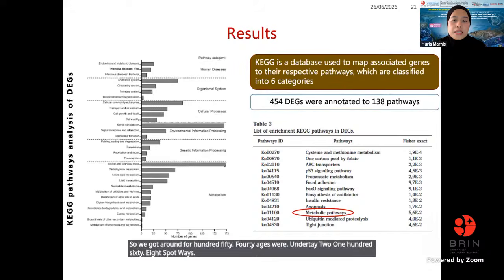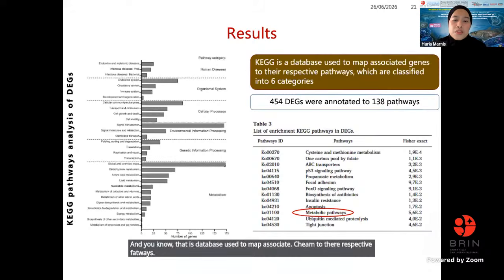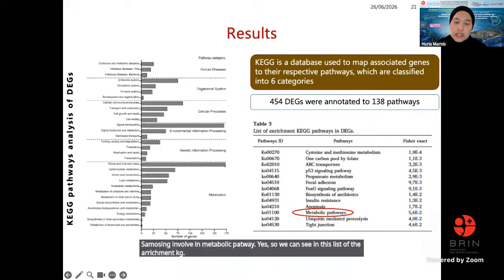You know that the KEGG database is used to map associated genes to their respective pathways, which are classified into 6 categories here: human disease, organismal systems, cellular process, environmental information processing, genetic information processing, and metabolism. Some of them are involved in a metabolic pathway here, so we can see in this list the enriched KEGG pathways in DAGs.